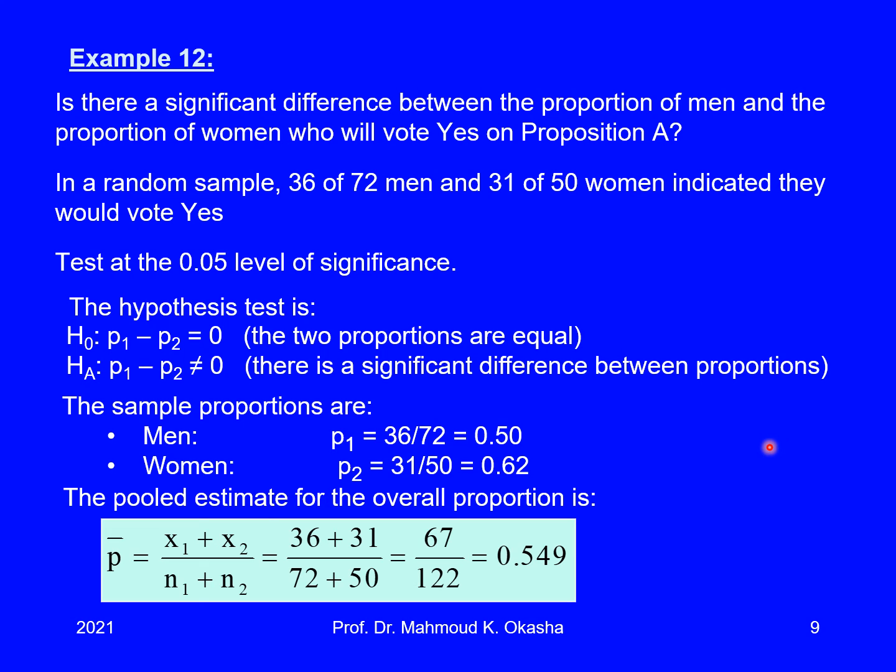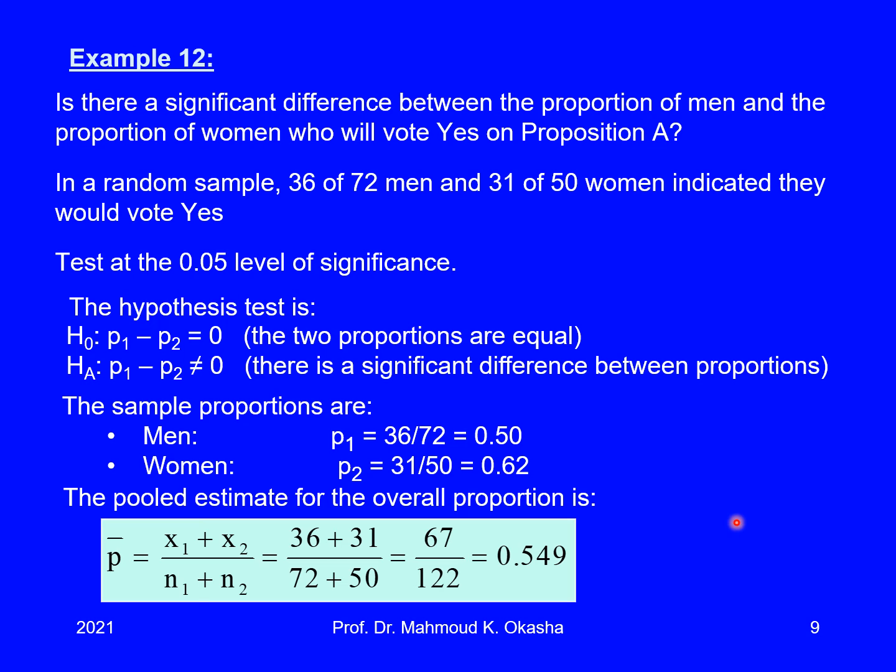So is that difference significant enough to say there is a significant difference between women's and men's votes? So we calculate the pooled estimate of the overall proportion. As we said, the pooled estimate is calculated from the two samples under the null hypothesis.